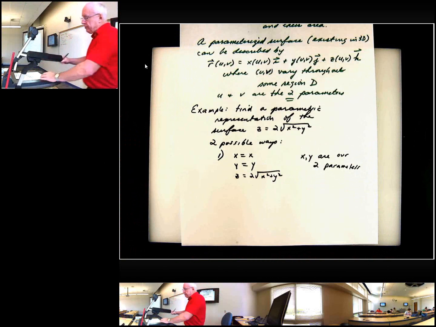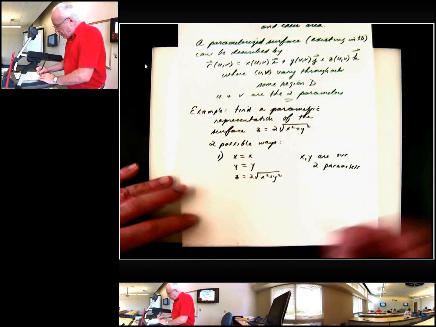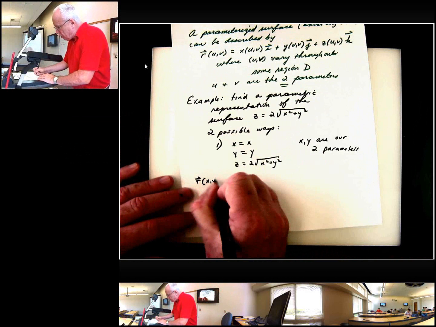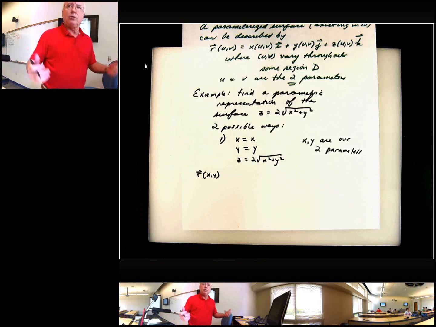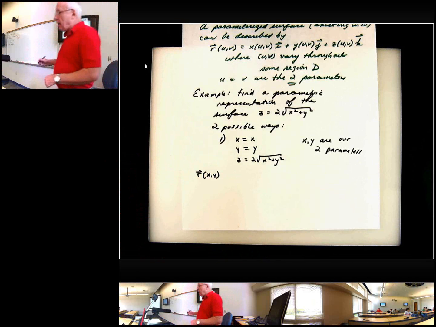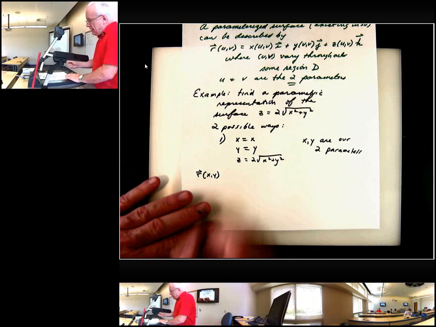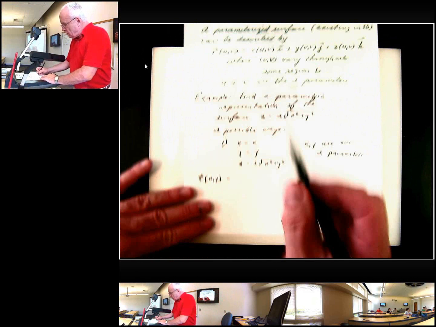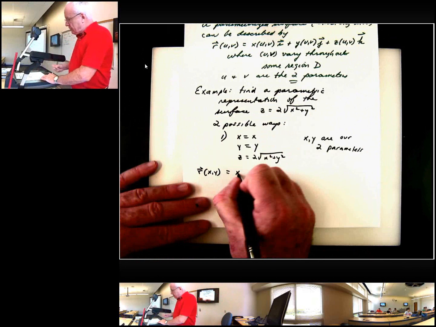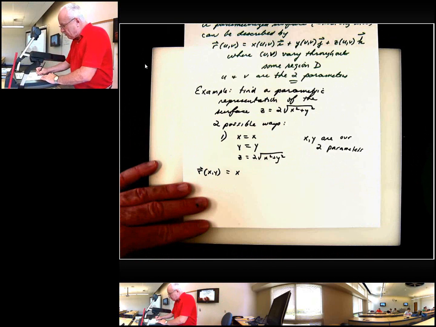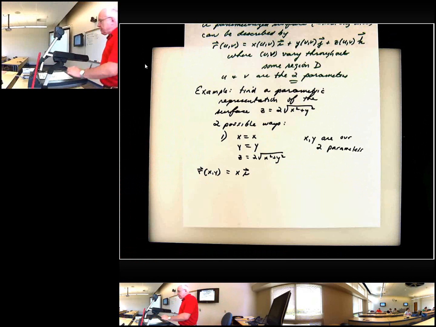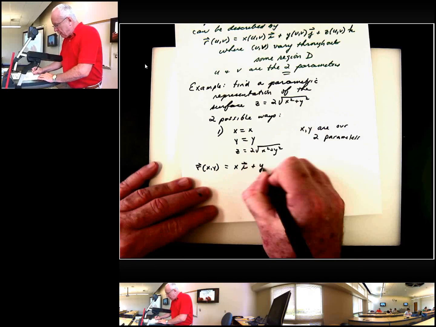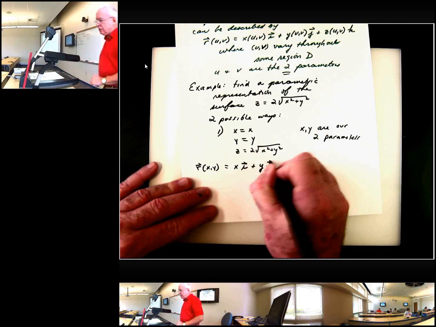So to find a parametric representation, it could be r. Now this time it's not u and v, we've got two other letters of the alphabet, x and y. Now the first one is supposed to be the formula for x. Well, that's just x, so that's x times the i vector. y is just equal to y, so y times the j vector.